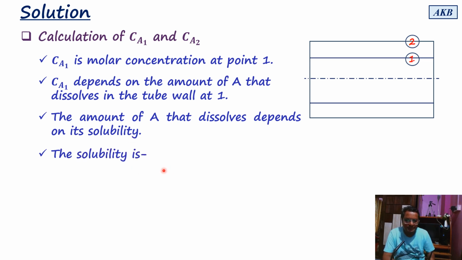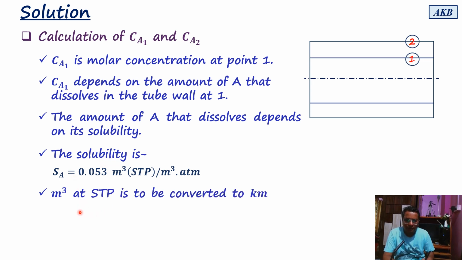The solubility is given as 0.053 meter cube measured at HTP per meter cube per atmosphere. So now our task is to convert meter cube at HTP to kilomole at the given temperature and pressure. The important step in getting Ca1 is converting meter cube to kilomole.